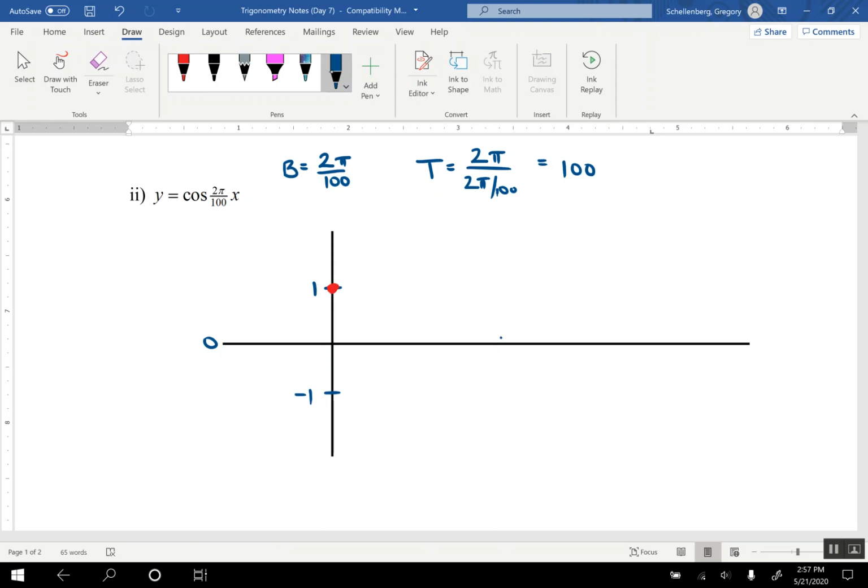And again, I'm just going to label this as being 100. I'll label this as being 200. And we'll break each of those periods up into 4 equal parts for our sig points, and we will plot those sig points.